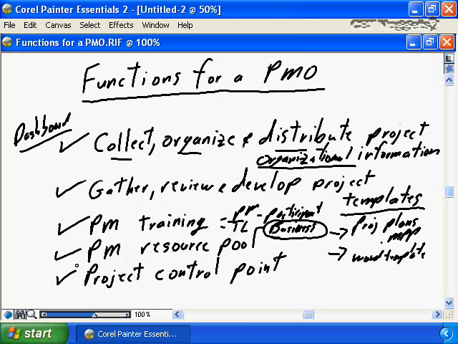And finally, a common function for a PMO, as defined earlier, is the project control point. Not a common implementation of PMO, but certainly still happens, is where the PMOs actually own the project.